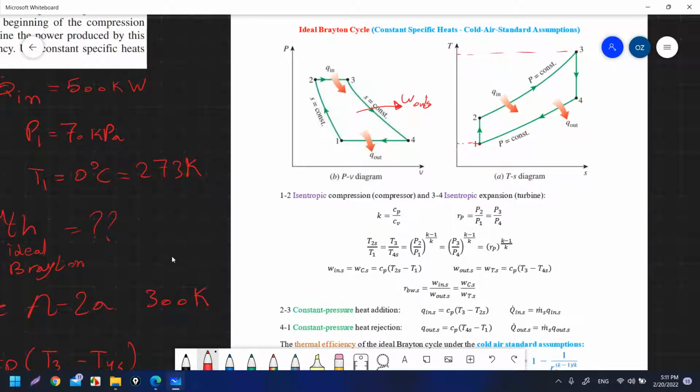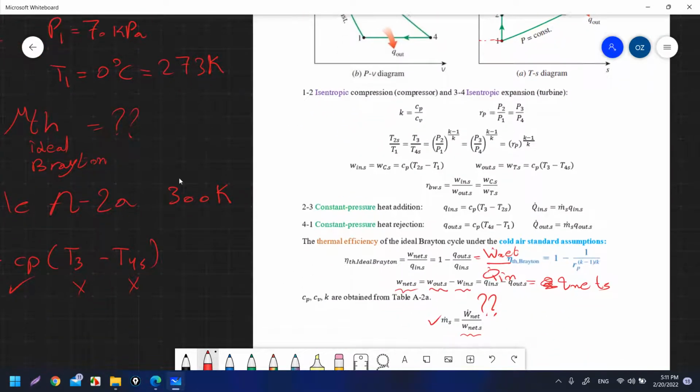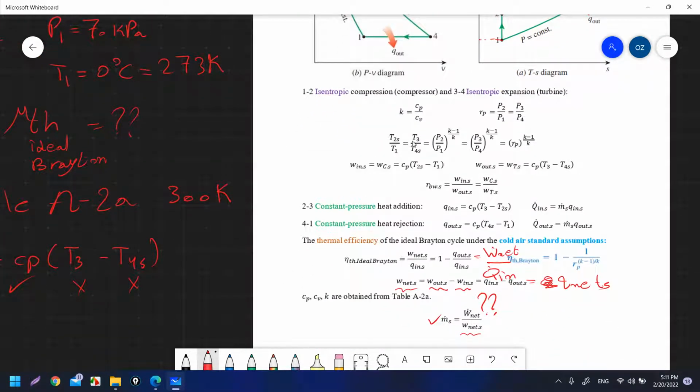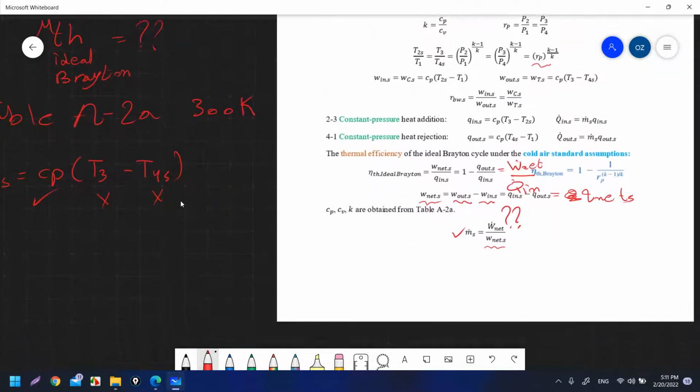So we cannot solve for the turbine work first, but let's see how we can find T3. T3, as you can see, is in this equation. I have rp, and k is equal to 1.4, but I need T4s, that is the problem, I don't have T4s and I don't have T3, so I cannot use this equation because I have two unknowns. Okay, so let's see the second one.